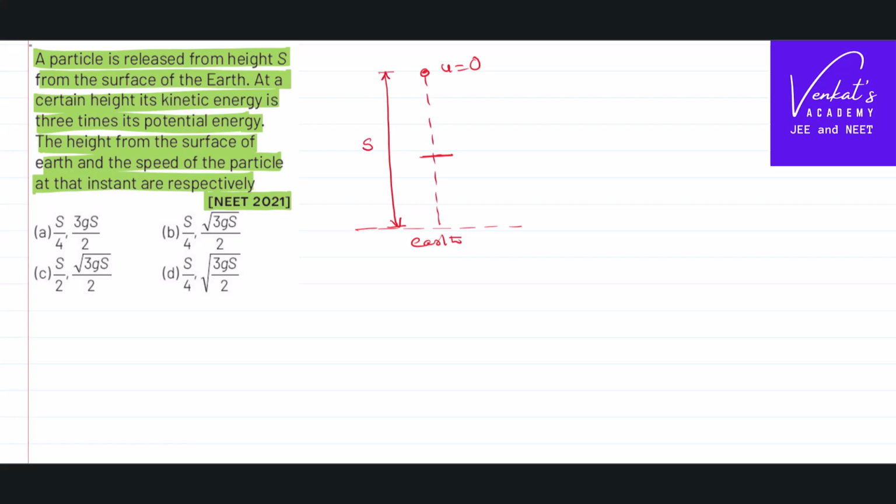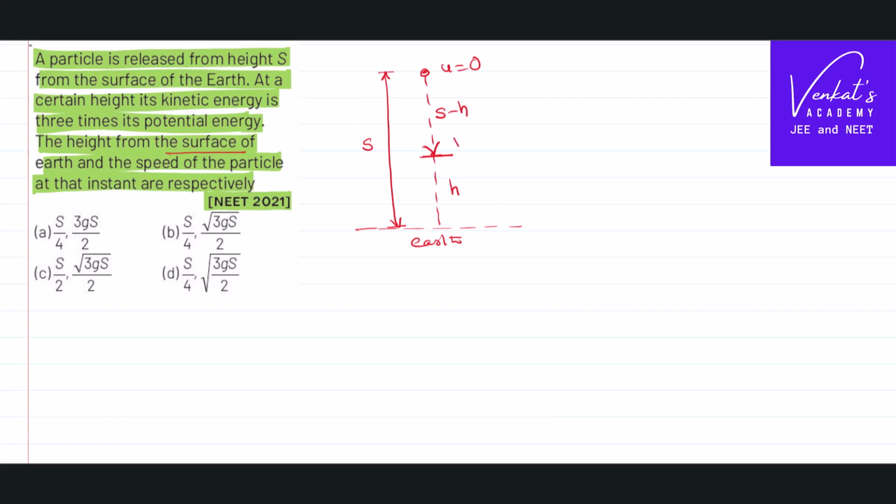At a certain height, we have to find out that height from the surface of the earth. For simplification, I will call that h, and that h you want to find out. At a particular point, automatically that height from the top will become s minus h.